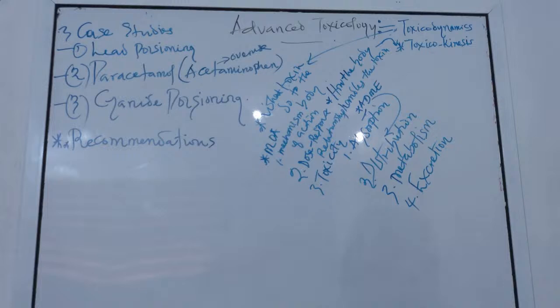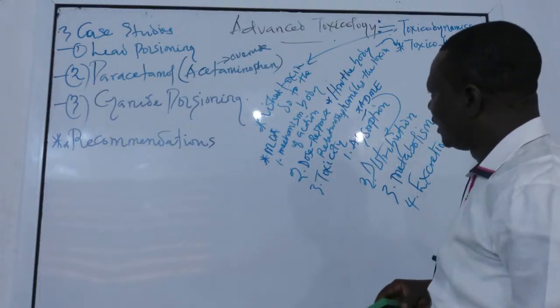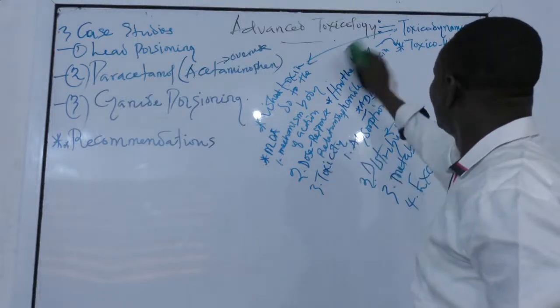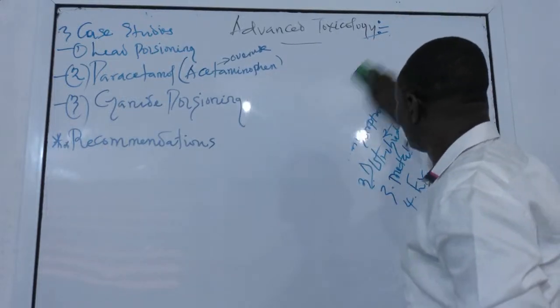So all this is what we have been used to in our elementary knowledge of toxicology. So don't forget what you have on the screen. That is how we are going to handle this topic today.